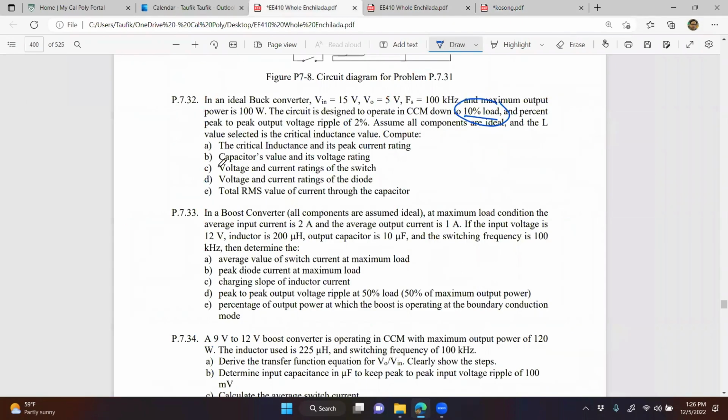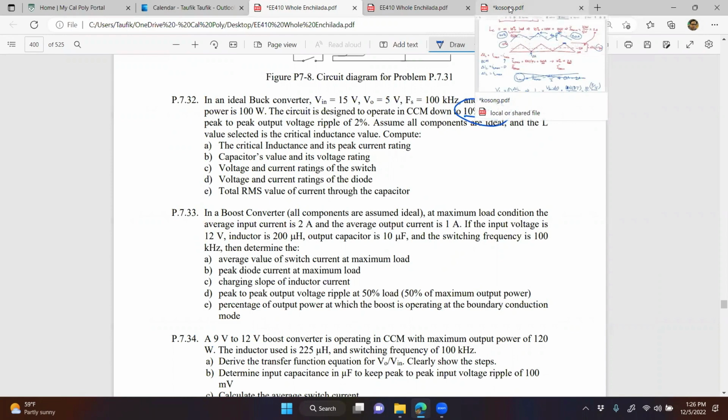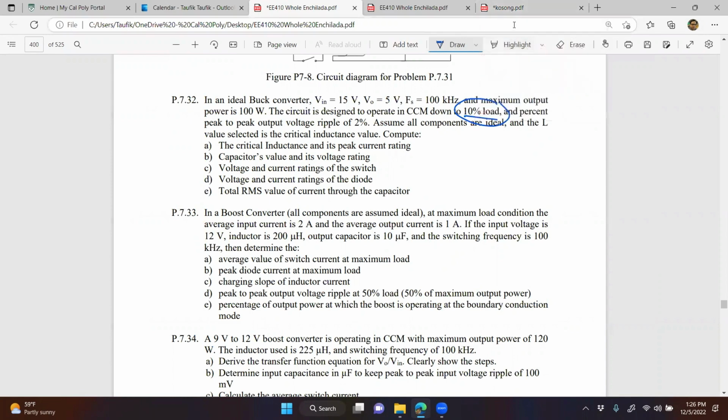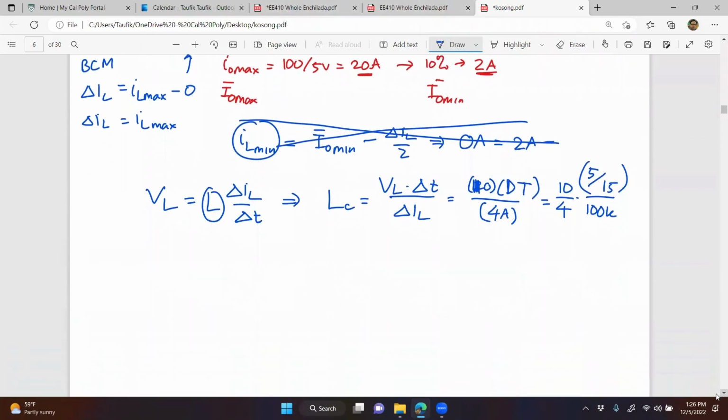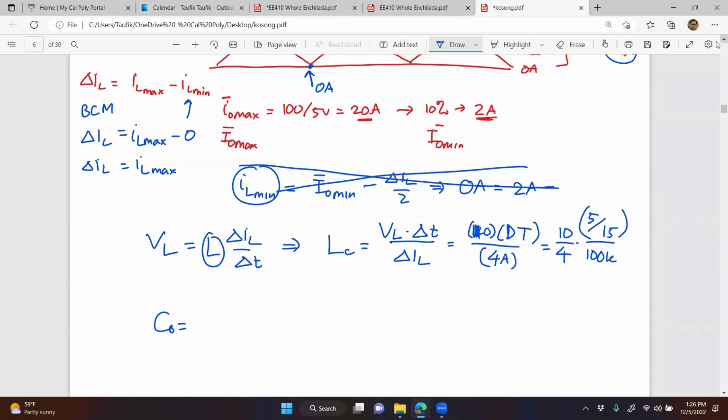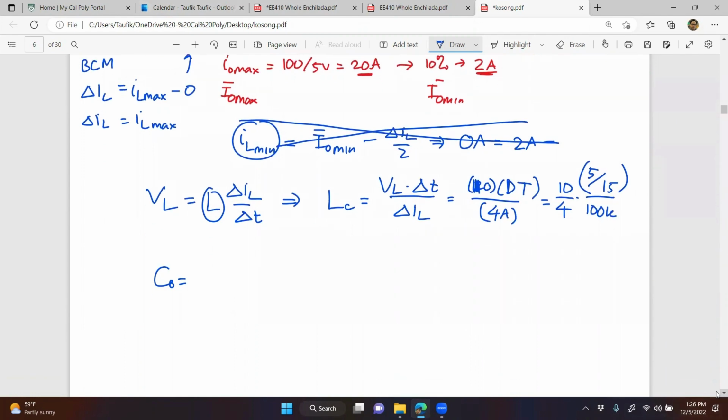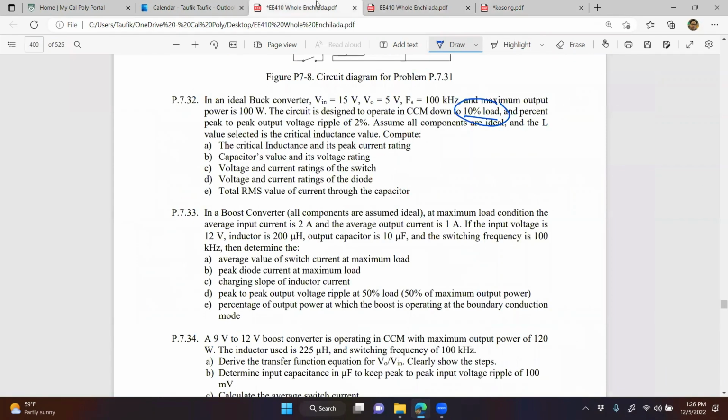Okay. And then capacitor's value and its voltage rating. For this one, I would just use the equation that I have. I don't want to derive it here. So we have the equation for voltage, right? For C out, for a buck converter. I actually have a question. Most of the time you only give us percent peak to peak voltage ripple, and that's the same as delta V out over V out average.